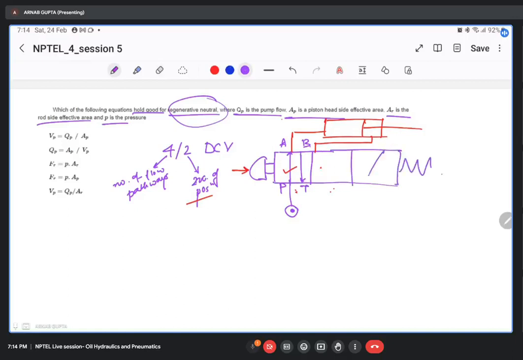And there are different neutral configurations like closed center, open center, tandem center, float center, regenerative center. So regenerative center, one second.